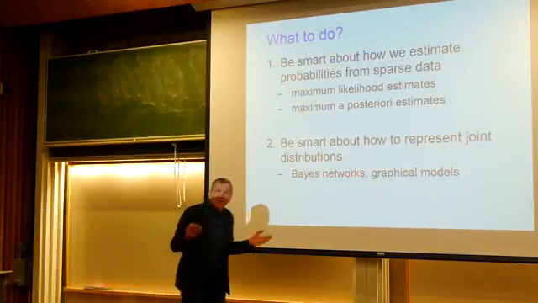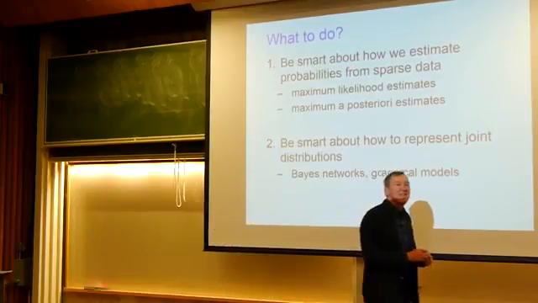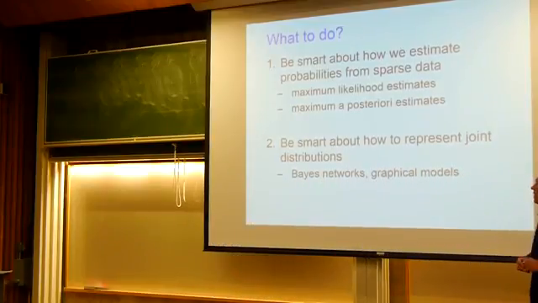The next several weeks in our course are actually about what to do about it, and 2 particular things. One is, we want to be smart about how we estimate probabilities. We can't just assume we can do some simple counting thing.